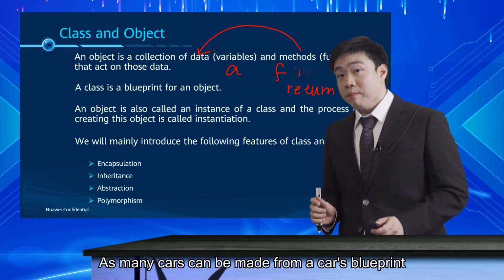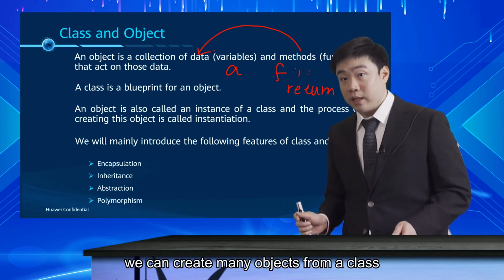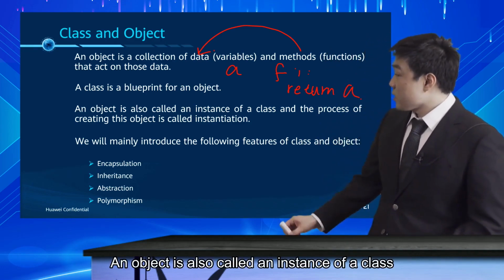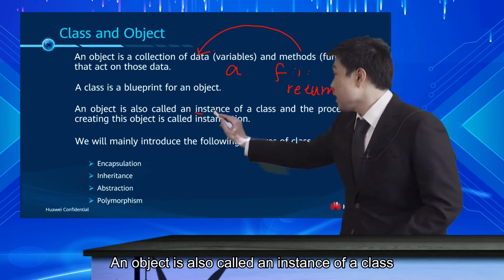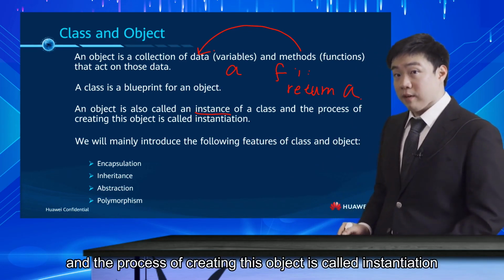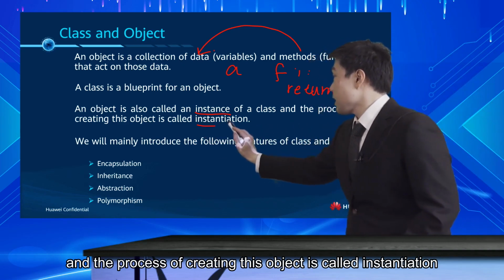As many cars can be made from a car's blueprint, we can create many objects from a class. An object is also called an instance of a class, and the process of creating this object is called instantiation.